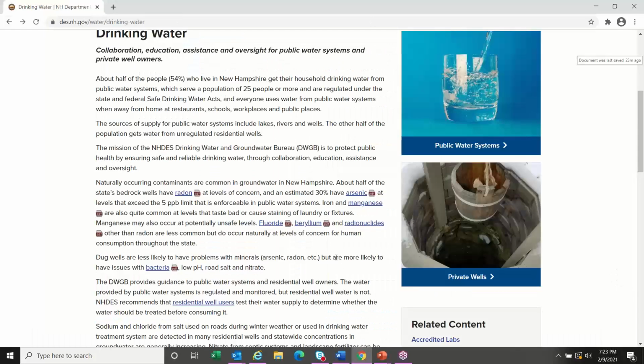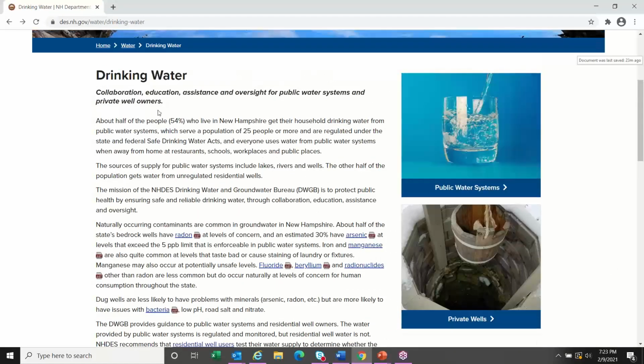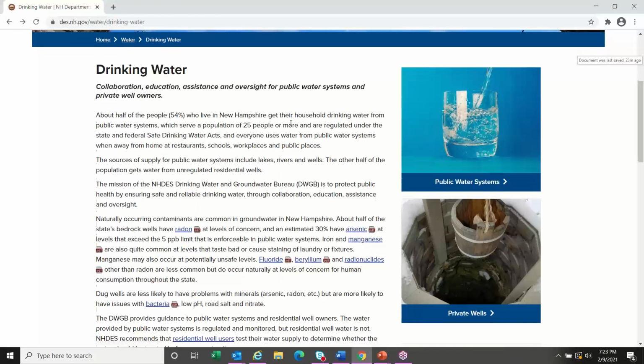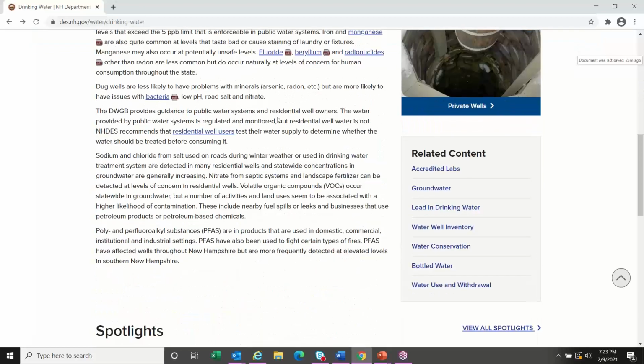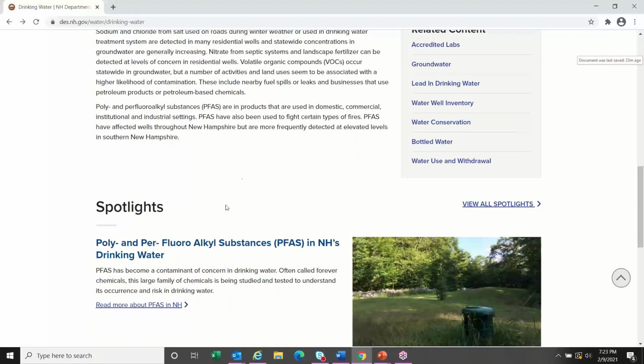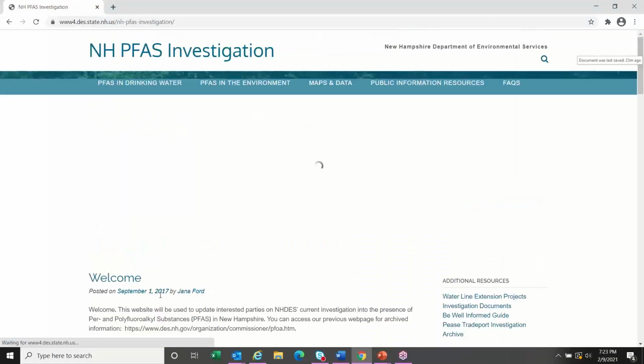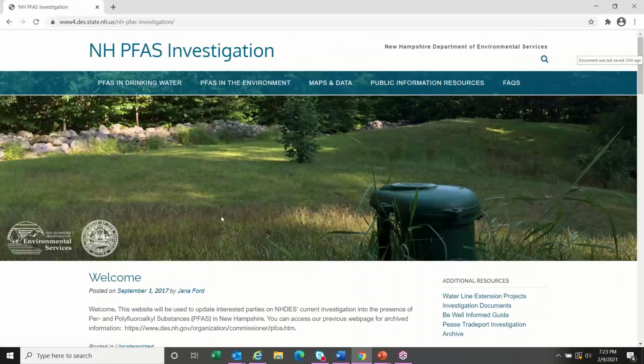And I'm just going to go back to the drinking water page to point out one more thing. If you scroll down to the bottom of this page, there's a tab down here that says read more about PFAS in New Hampshire. If you click on that, it brings you to the New Hampshire PFAS investigation page.